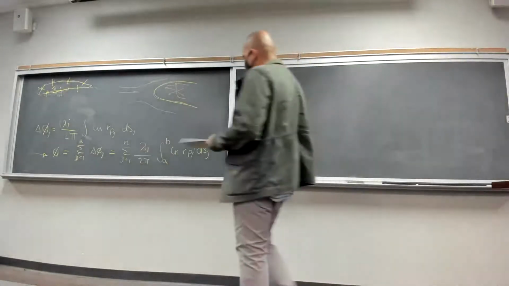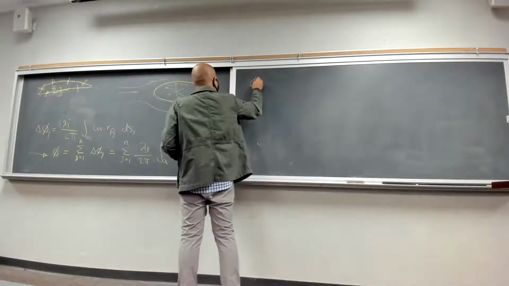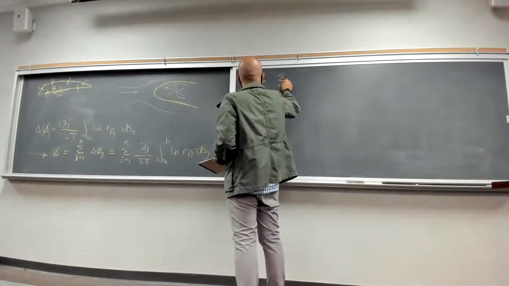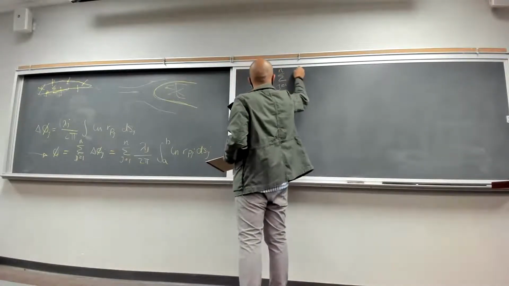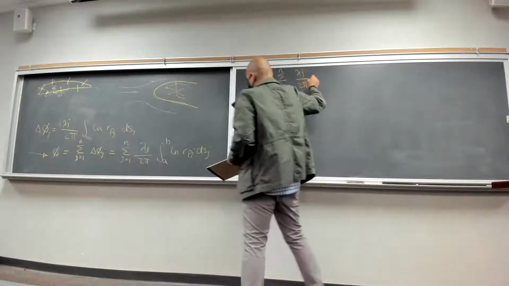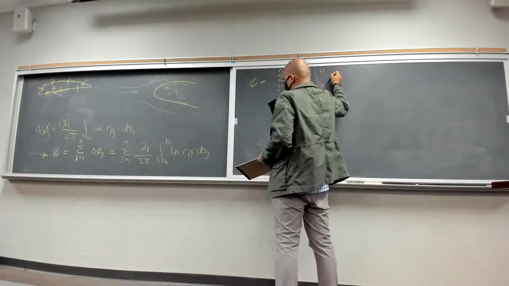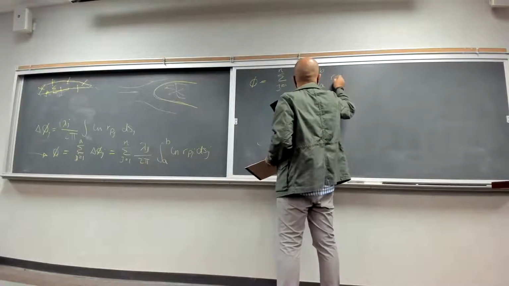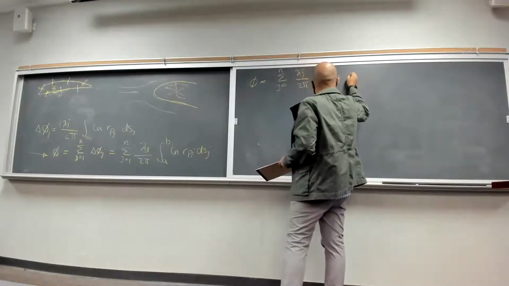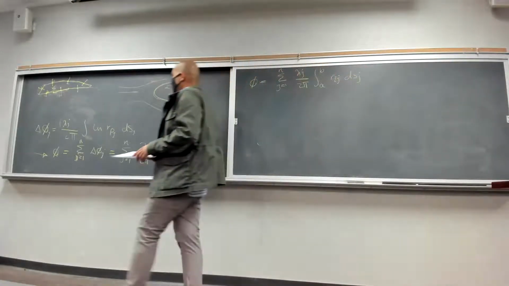The only thing that has really changed is going to be your R. So your phi is going to be equal to the sum from j equals 1 to n of lambda j over 2 pi, integral from a to b of r, instead of Pj we're going to get Ij, ds j.